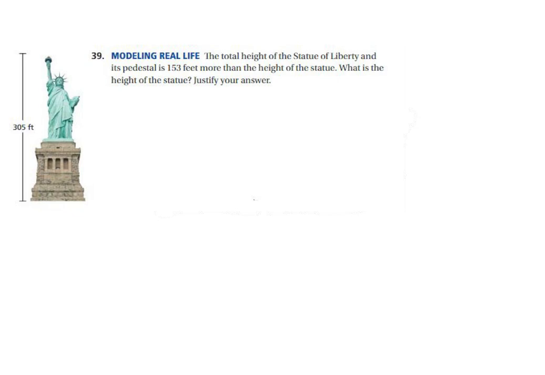So we can say the total height, which we'll use as a variable h, and its pedestal is 153 feet more than the height of the statue, and the statue is 305 feet. So again, the total height of the Statue of Liberty and its pedestal is 153 feet more than the height.